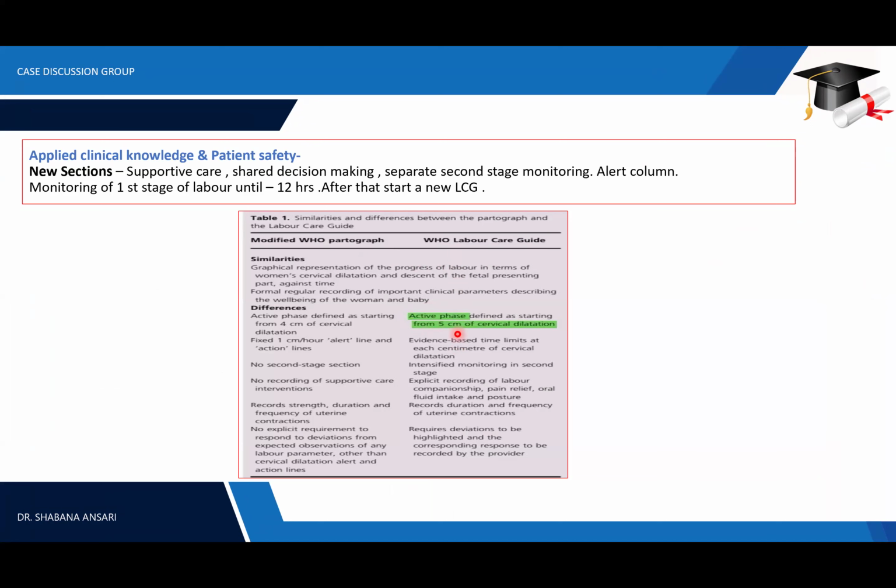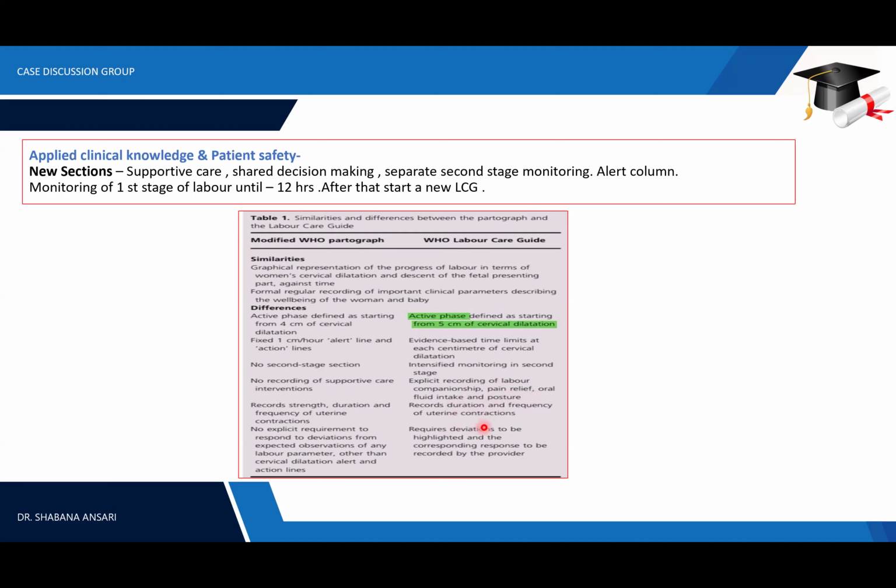So we are starting the labor care guide when cervical dilatation is 5 centimeter or more. Now there are evidence-based time limits at each centimeter of cervical dilatation. We are not using the fixed 1 centimeter per hour alert line and action line. We have second stage labor monitoring and supportive care, that is the recording of labor companionship, pain relief, oral fluid intake, and posture.